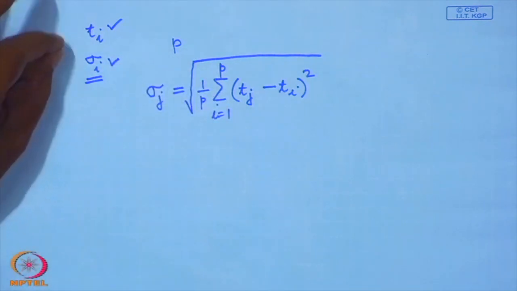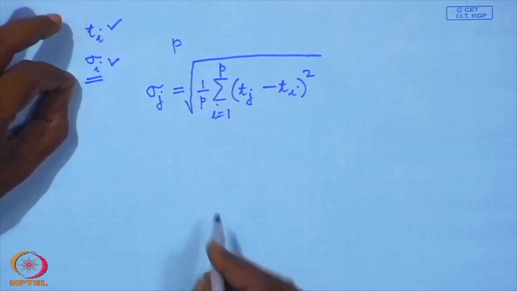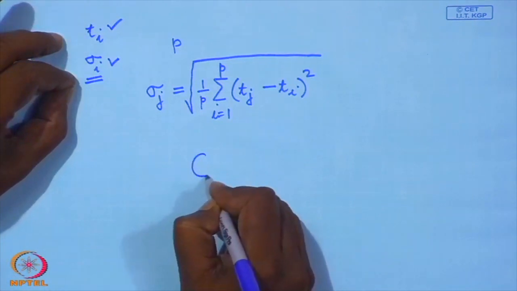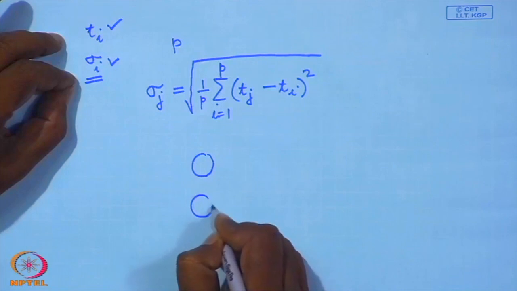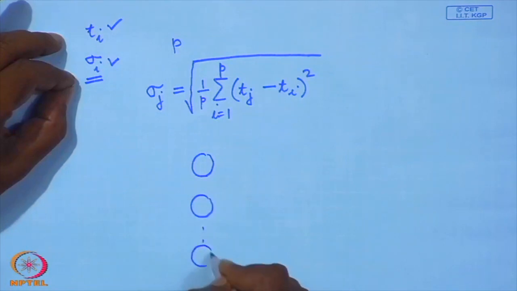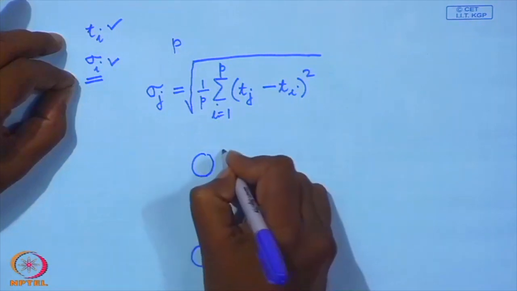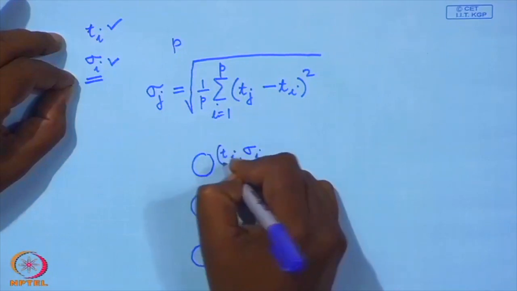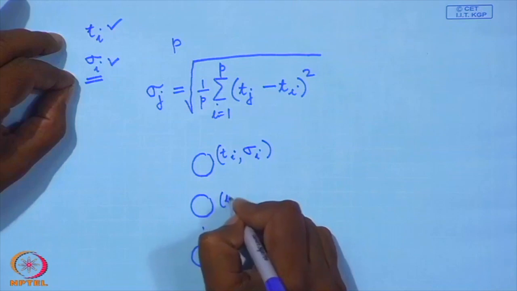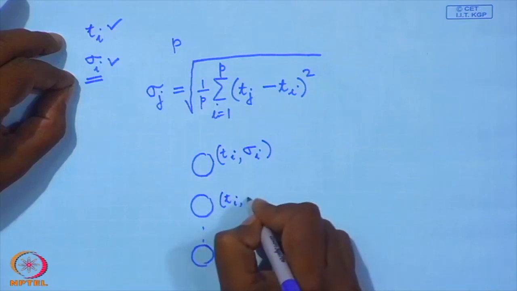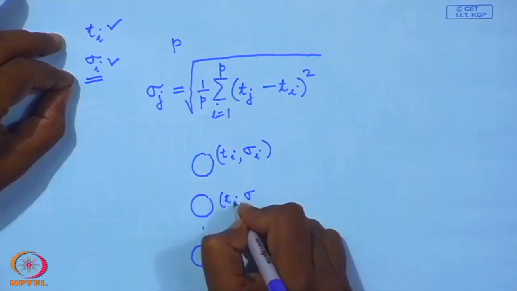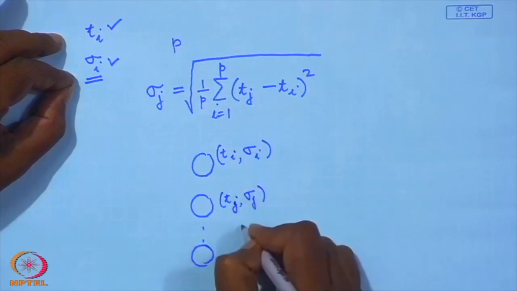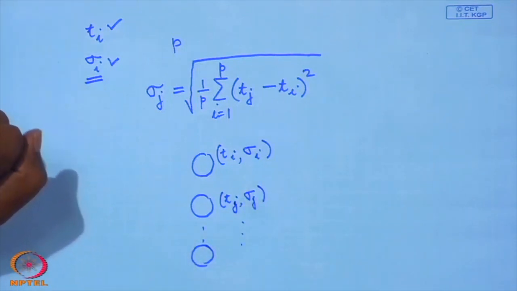So, once I have this T I and sigma I, then you find that in the middle layer, every hidden layer node is defined. For every node I have T I, for every node I also have sigma I. So, here also I have T I, I have say T j, here also I have sigma j. So, this is defined for every node.